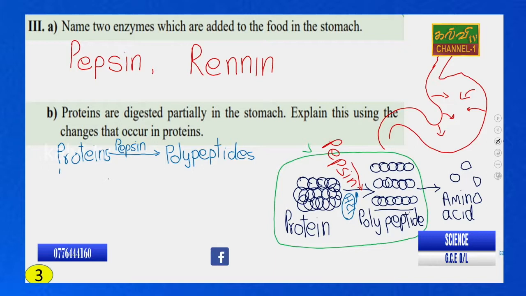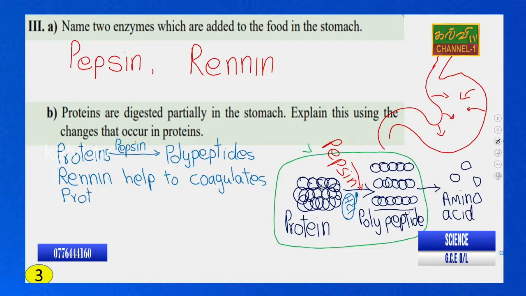Then another function, the proteins are digested partially in the stomach, right? Another part of the functions occurs here. What is renin? Renin is the enzyme that helps to coagulate. So the milk is going to coagulate because that also helps the protein digestion of milk, so it coagulates protein, right?